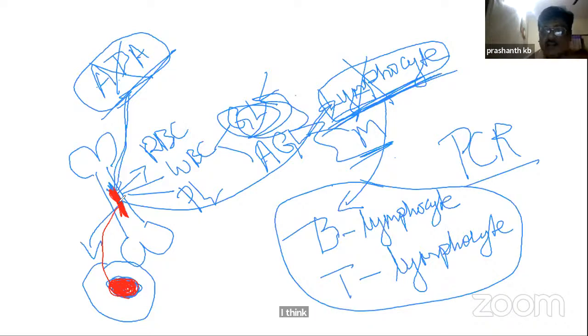The ADA DNA incorporated inside the bone marrow nucleus, and this bone marrow was retransferred into the 4-year-old girl, where she started producing T lymphocytes. Is it clear? So this is what is given in the NCERT textbook. 3 marks question. ADA therapy.